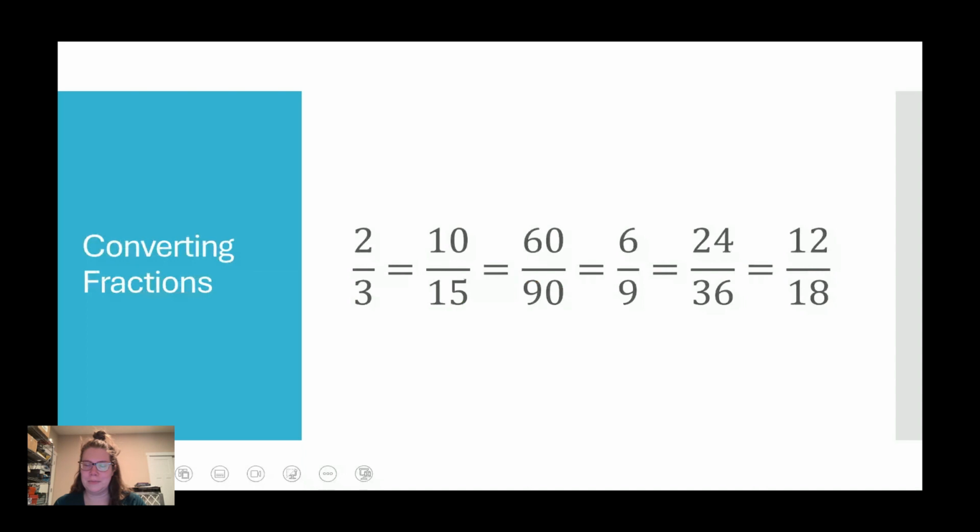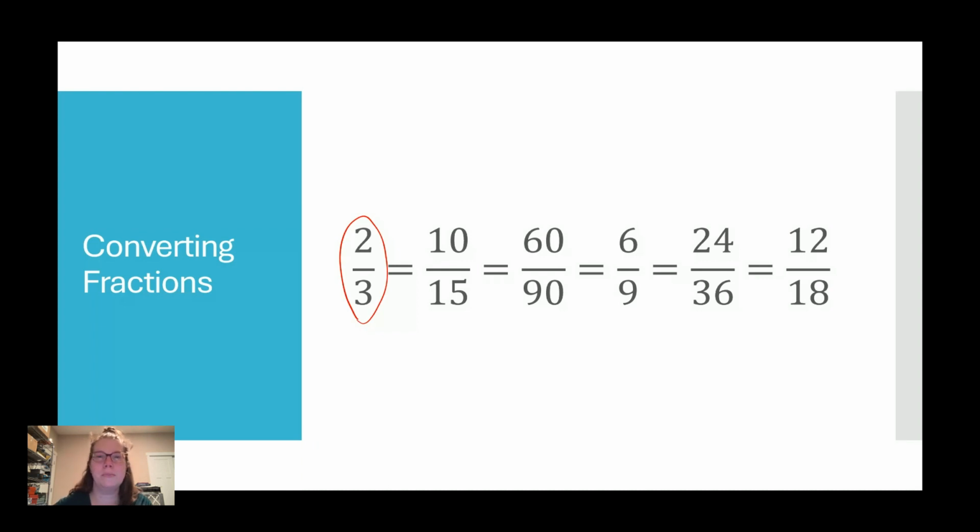Every fraction has infinitely many ways it could be represented equivalently. So if we start with the fraction 2/3, I can make an equivalent fraction as long as I multiply the top and the bottom by the same number. I can multiply it by any number.